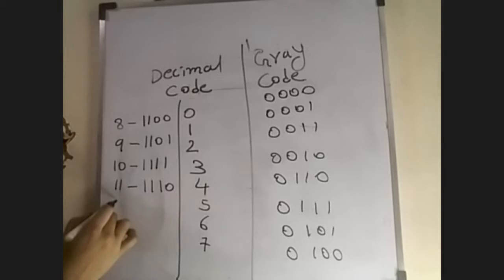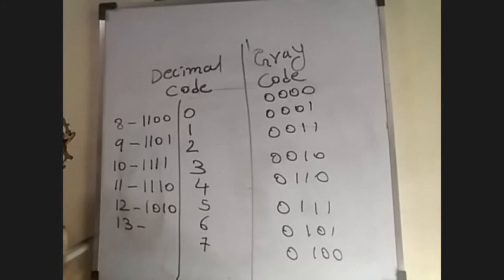11 value. 1110. Yeah, very good. 1110. 12. 1011. Again you can cross check the value. 12. 1010.